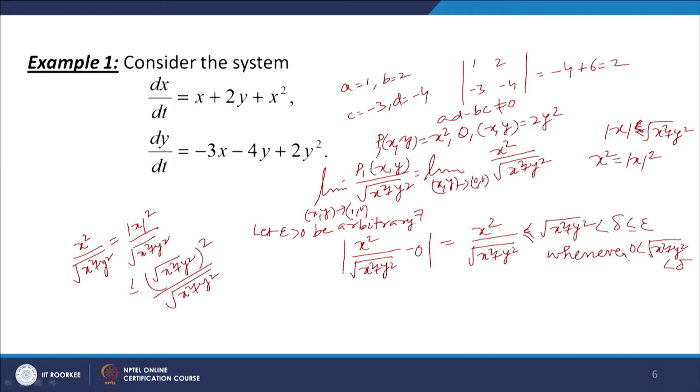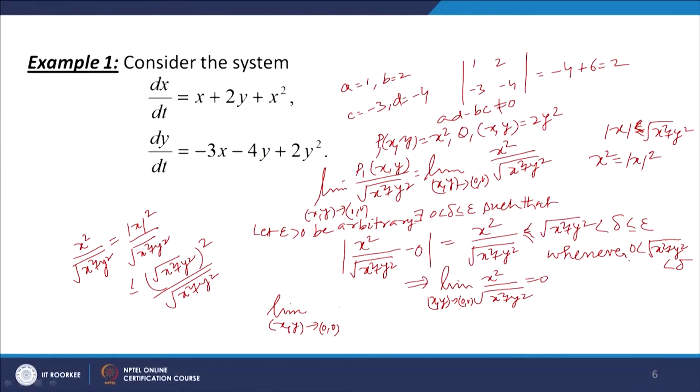So, there exists delta with 0 less than delta less than or equal to epsilon such that the modulus of this is less than epsilon. So, this implies that the limit of x squared upon the square root of x squared plus y squared as (x, y) tends to (0, 0) is equal to 0.